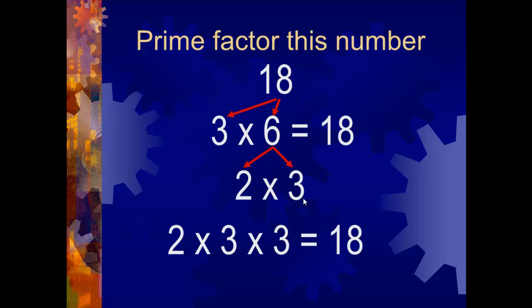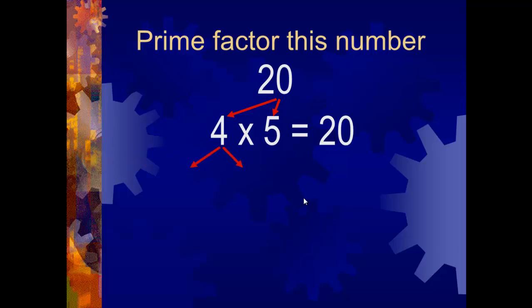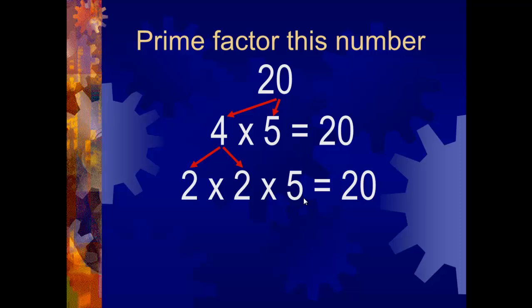Equals 18. 20. 4 by 5, it's okay, or 2 by 10, whatever. 4 by 5, okay, 4 is not a prime, 5 is a prime. So 4, 2 by 2, and 5.